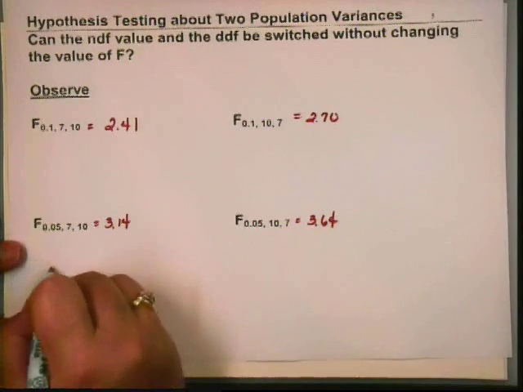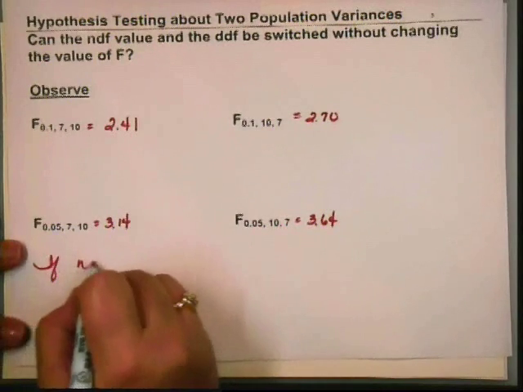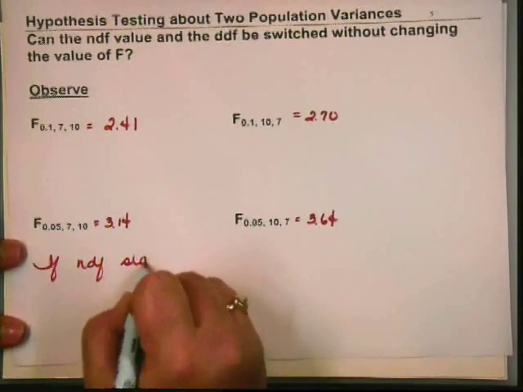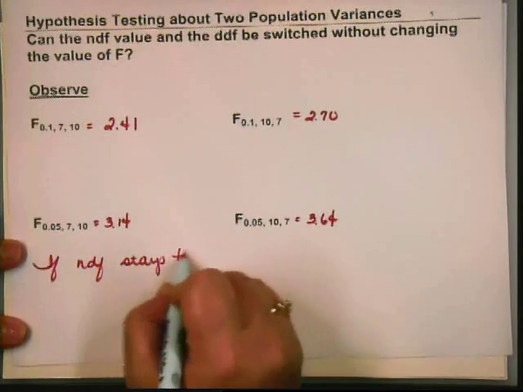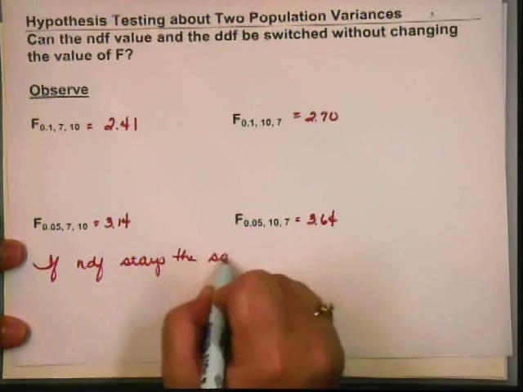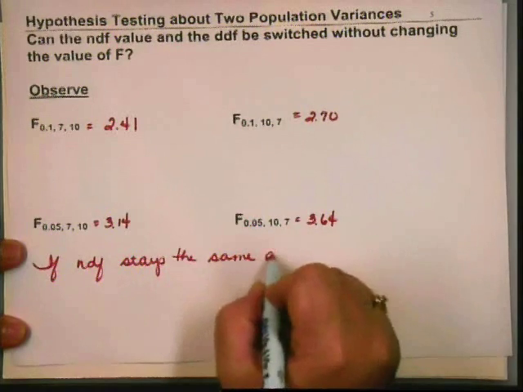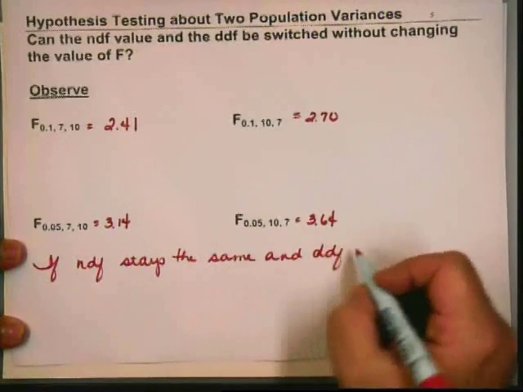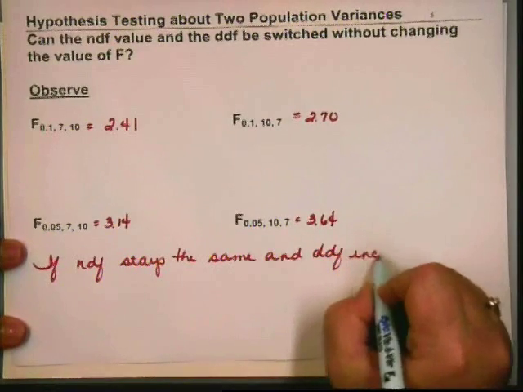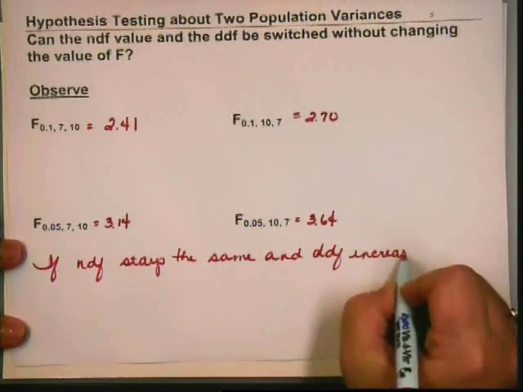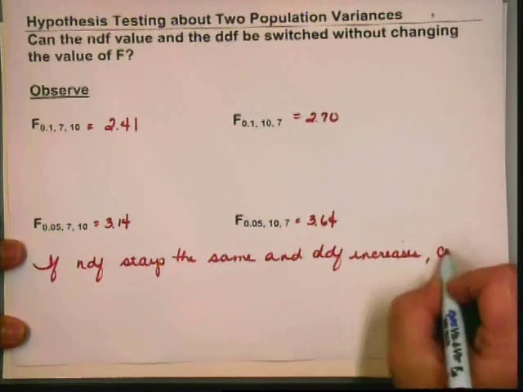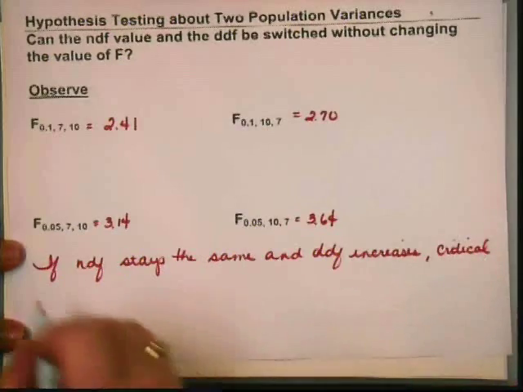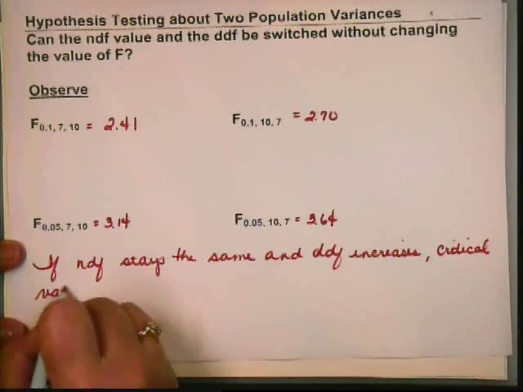All right, so what we said before was if the numerator degrees of freedom stays the same, and denominator degrees of freedom increases, the critical value of F decreases.